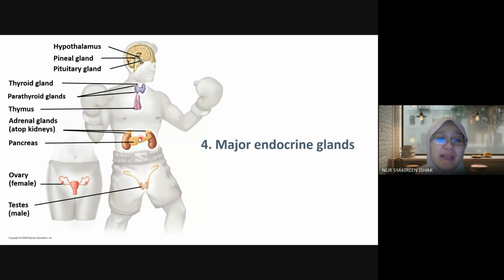And then we have the pancreas. Okay, so if you were to observe during your mouse dissection, this is the stomach. Okay, so you have the esophagus running down, and then you have your stomach, for example. And if you were to look closely, the pancreas is located near the stomach here. Okay, so kita ada stomach kan, your stomach, and then from that stomach it enters into your small intestine. Okay, the first part of the small intestine is the duodenum. So that region of the small intestine has to receive enzymes secreted by the pancreas.